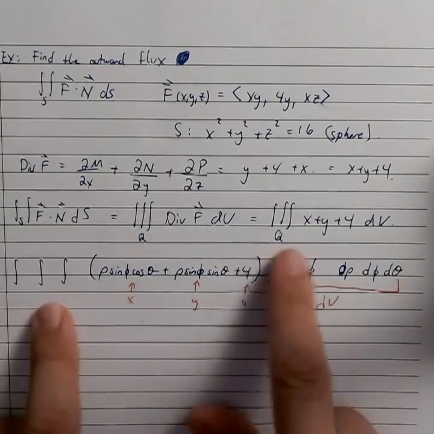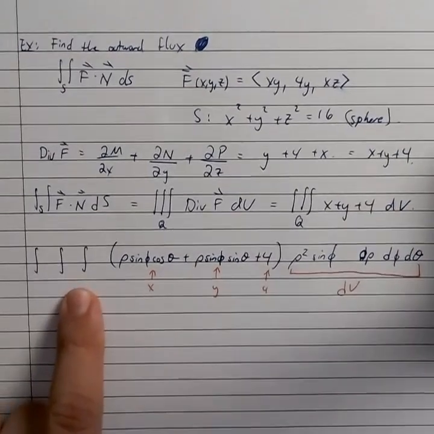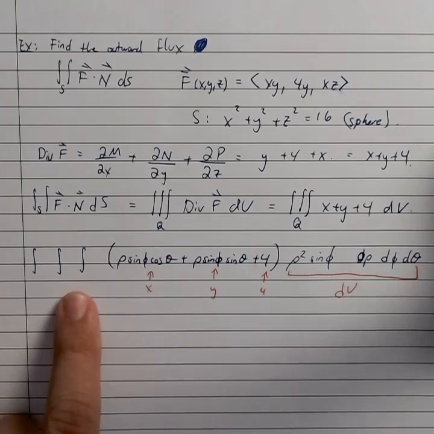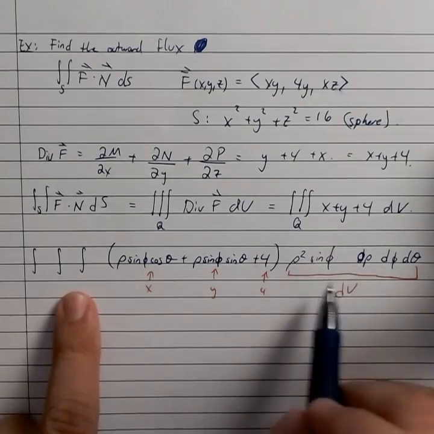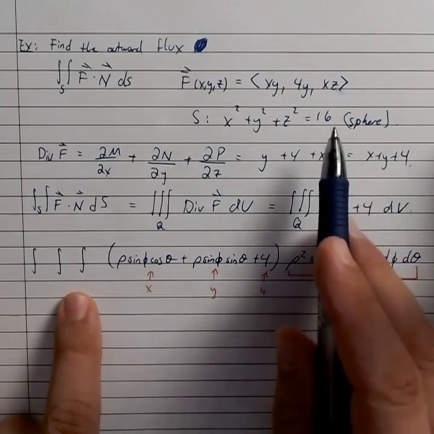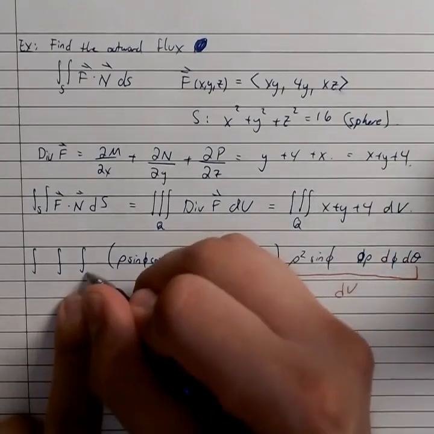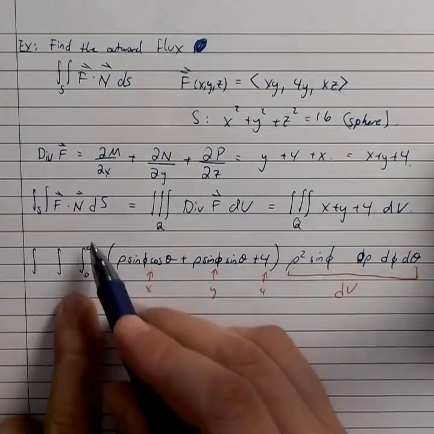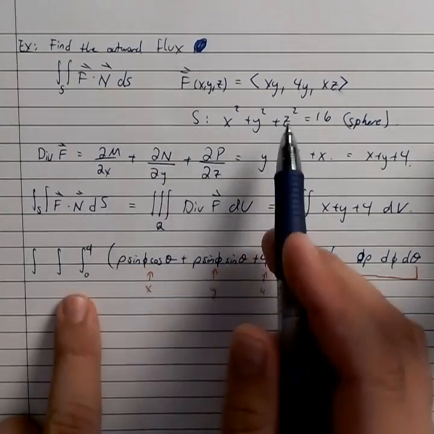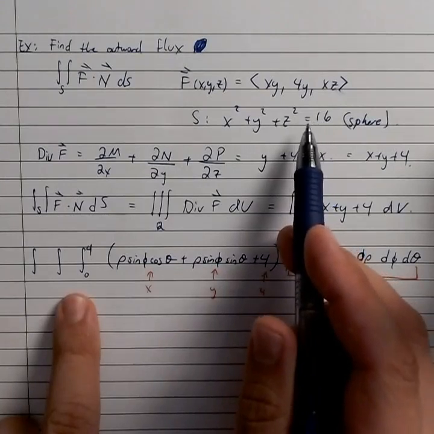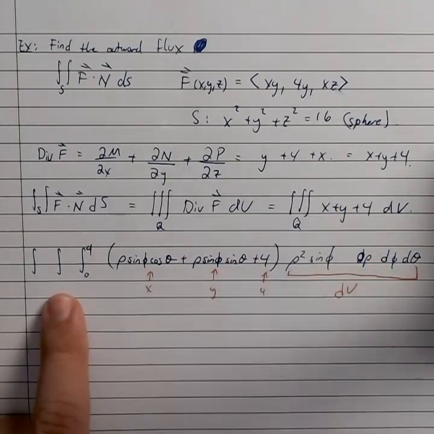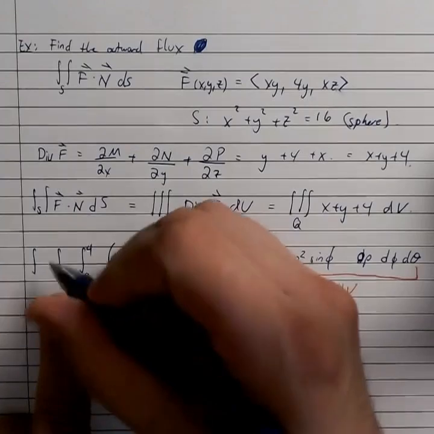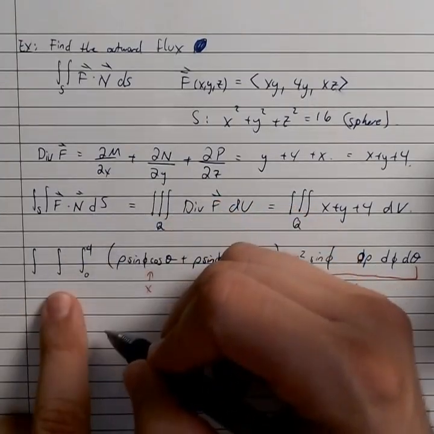And now we can describe a sphere using spherical coordinates, which should be fairly simple because that's what they're meant for. If you have a sphere of radius 4, then rho is going to go from 0 to 4, from the pole all the way out to the outer skin where the radius of the sphere is 4. Phi, well, you want the upper and the lower half of the sphere.